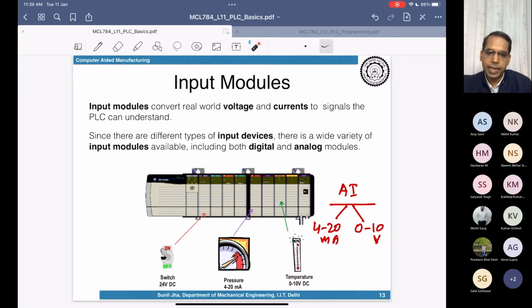Now, when the current output is coming from the sensor, there is a circuit inside these analog input modules which converts it into the appropriate voltage. This voltage conversion happens inside the controller module. There is a resistance used over here, and whenever the current flows through this resistance, there is an equivalent voltage drop, which the PLC or this IO module will interpret.